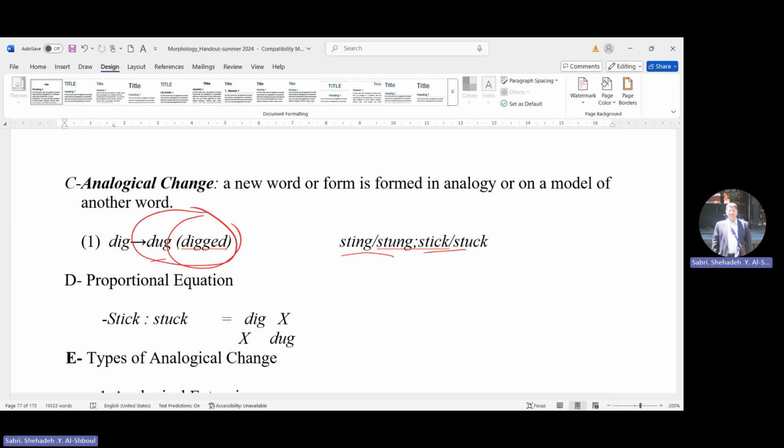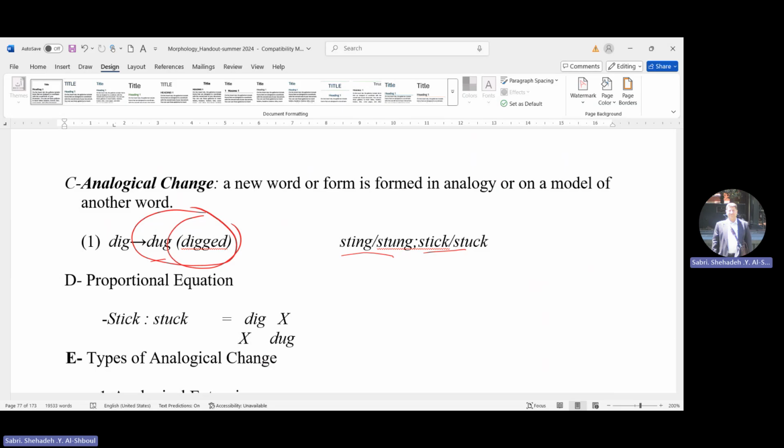Okay, so we notice that analogy can be a driving motivation, a very strong and very convincing mechanism that can deactivate at a certain point the power of regularization in the lexicon.